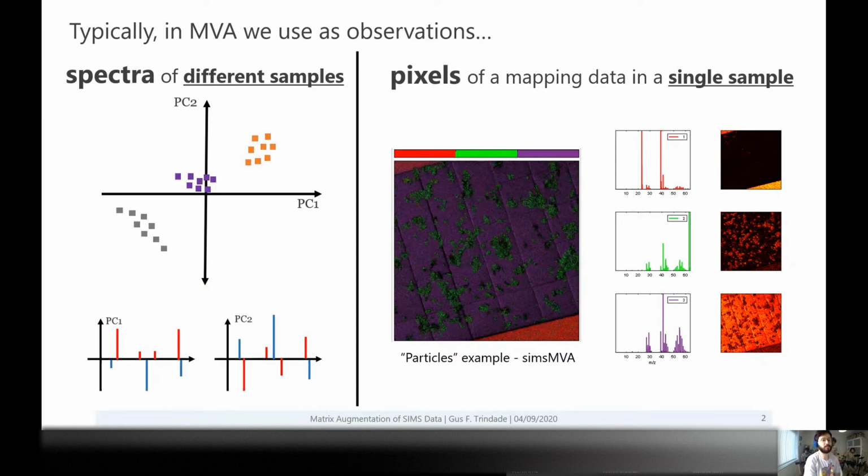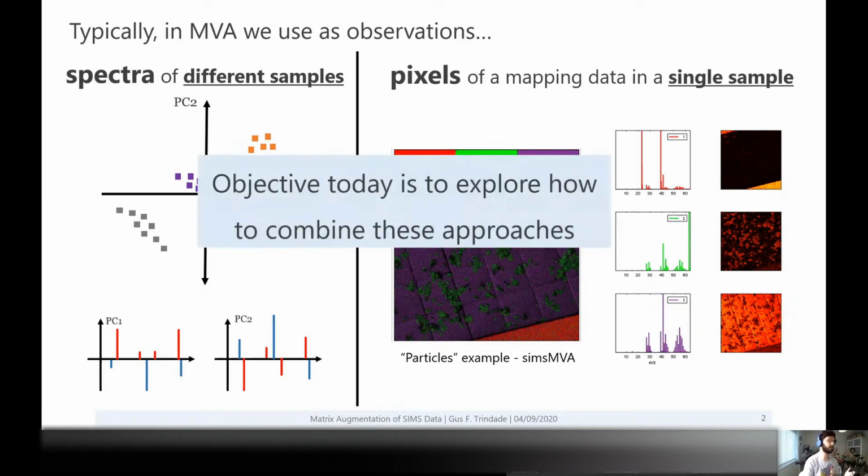So we'll map a single sample and then do PCA and NMF, etc. in this specific data set, which is related to one individual sample. So what we want to do with the augmentation is explore how to combine these approaches, so we can do imaging of several samples, but treat them as a single data set.